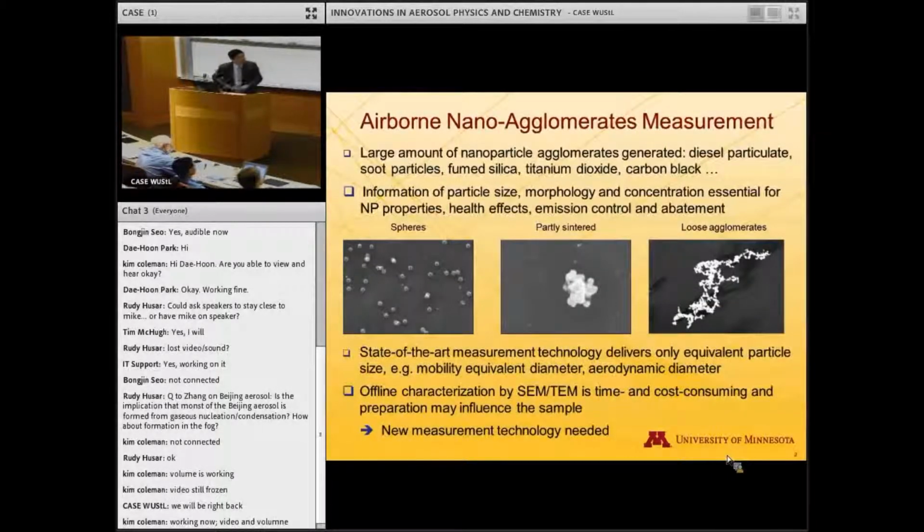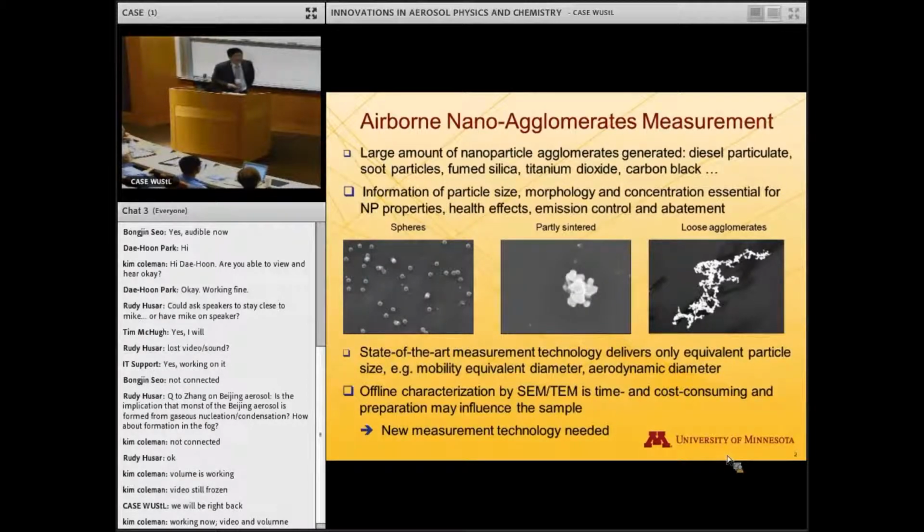Now, nanoparticle agglomerates, such as diesel particulate and engineered nanoparticles, are produced in large quantity. We would like to have information on their particle size, morphology, and concentration, which are essential for nanoparticle property, health effects, emission control, and abatement.